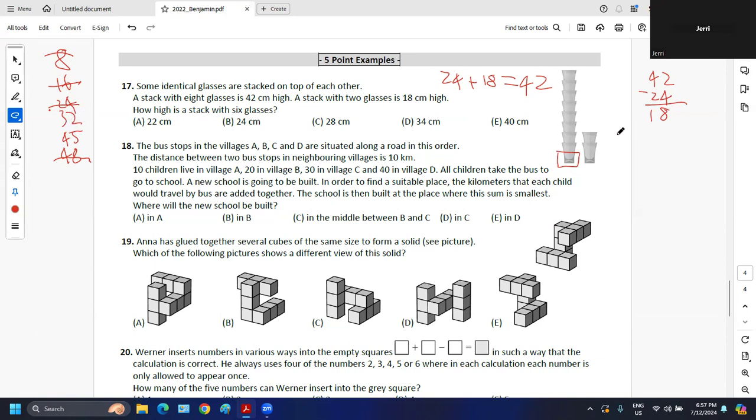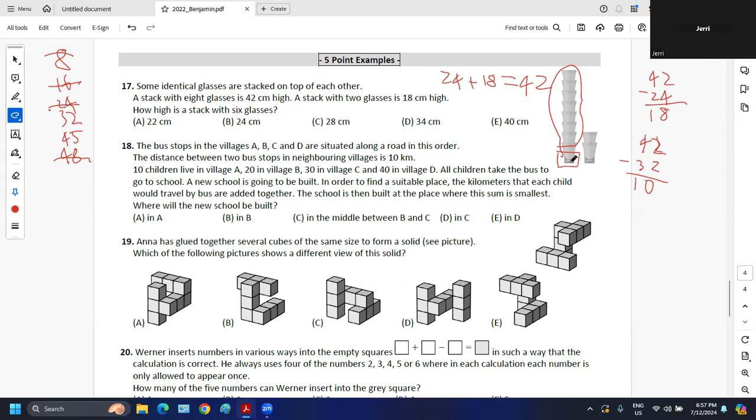Now let's try 32. So now, if the top part is 32, then the bottom would have been 10.